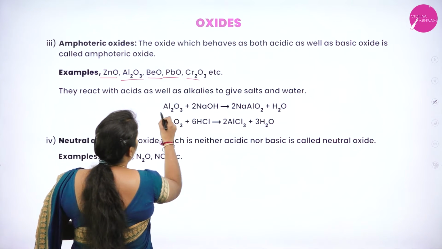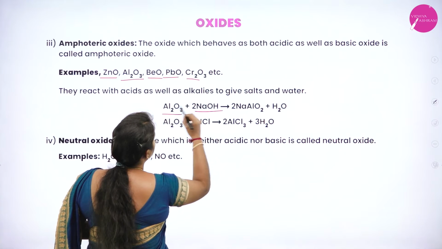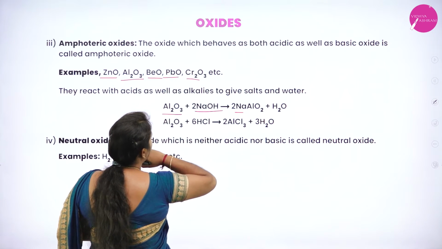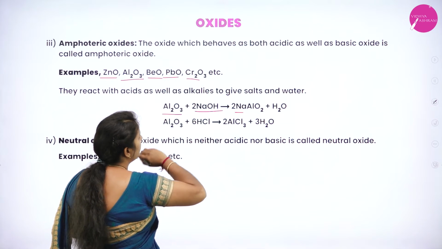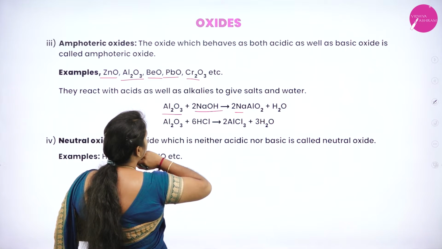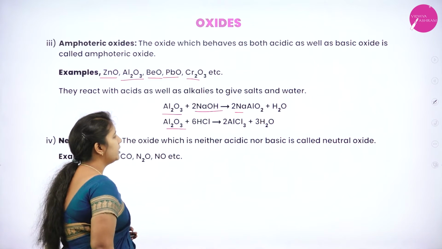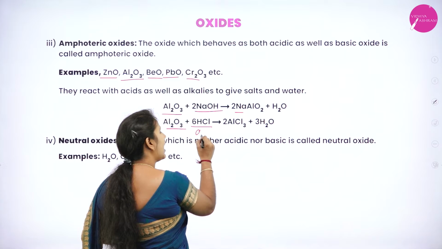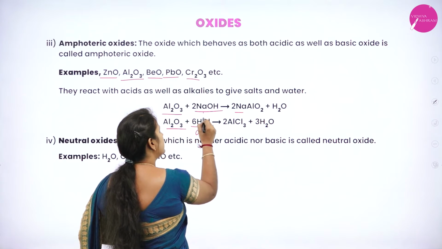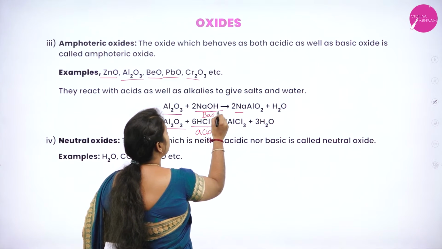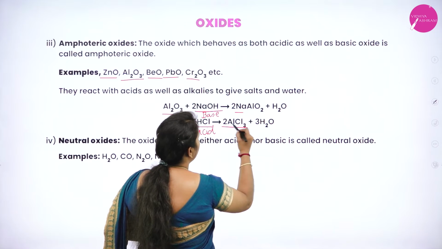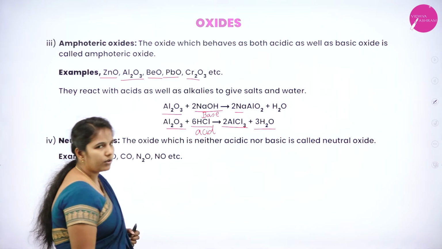So I have aluminum oxide. It can react with the base to form sodium aluminate, which is nothing but a salt, and you can see that water is formed. Similarly, if aluminum oxide reacts with the acid, it gives us aluminum chloride as well as water.